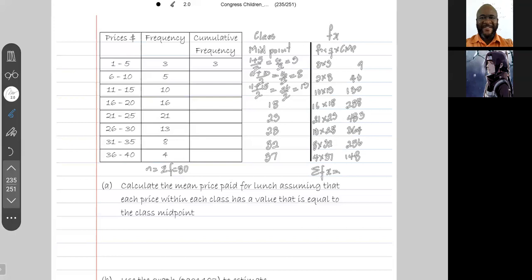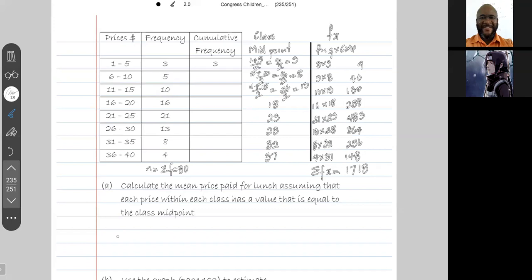148 plus 256 plus 364 plus 483 plus 288 plus 130 plus 40 plus 9, and this says 1,718.